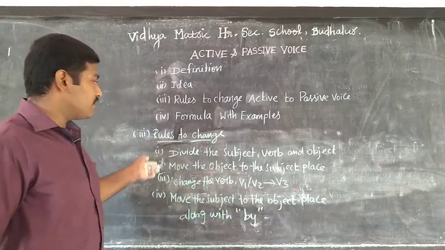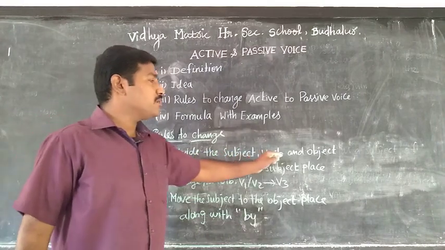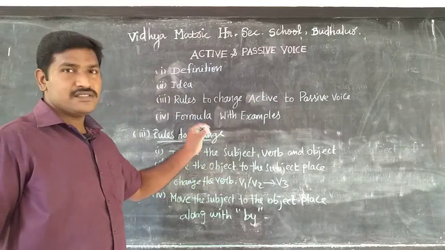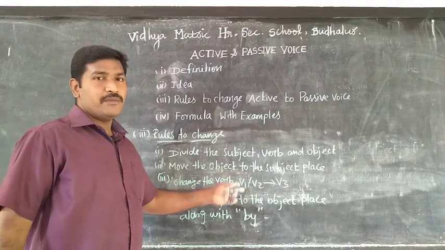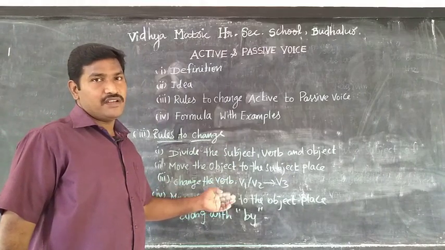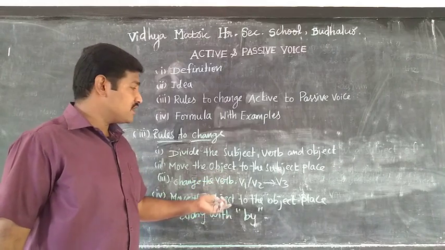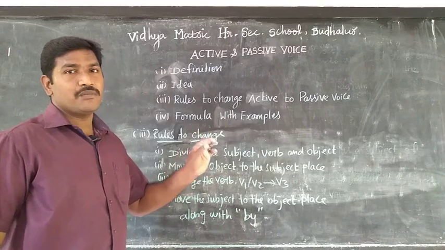Okay, these are the 4 steps. First one, divide or identify the subject, verb and object of the sentence. Second one, move the object to the subject place. The third one, change the verb. It might be V1 verb or V2 verb or V4 verb, I mean simple present tense or simple past tense or continuous tense verbs. It changes into V3 verb, that means the past participle verb.